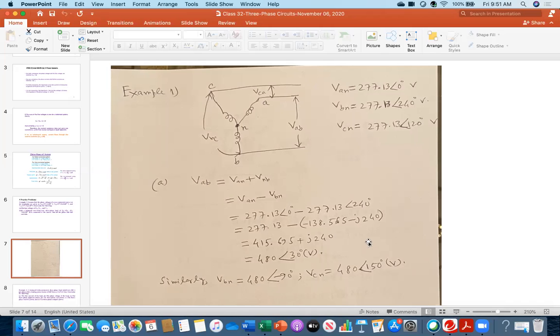Yes, they are all good. Okay, both are the same. Yes, they all match up. Okay, great. Now everybody do one thing. Can you multiply 277.13 by √3? Can you just do that?